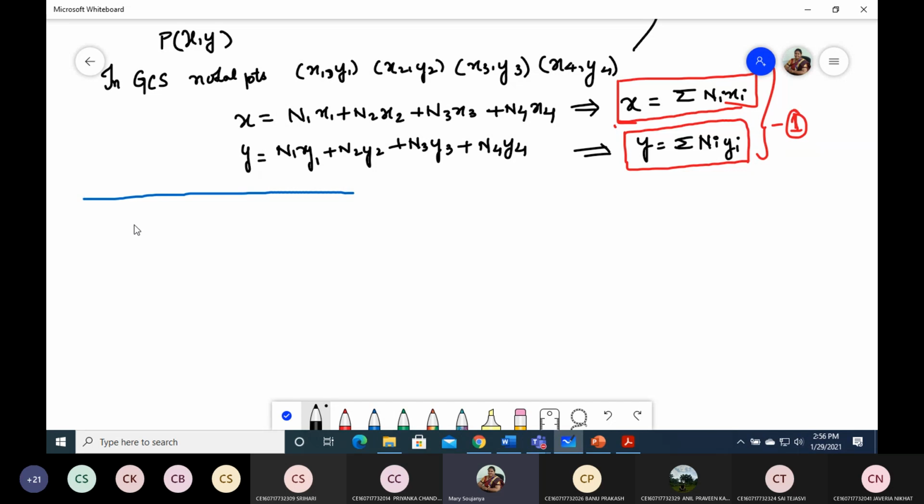Now, in isoparametric elements, there are 3 different elements. One is isoparametric, the other one is superparametric, and the other one is subparametric.